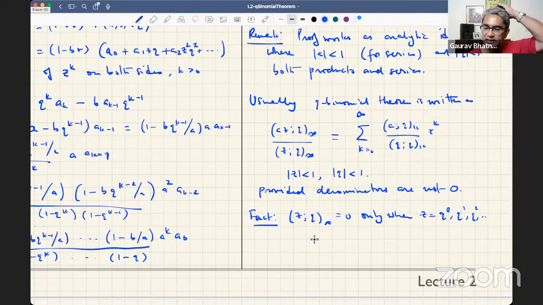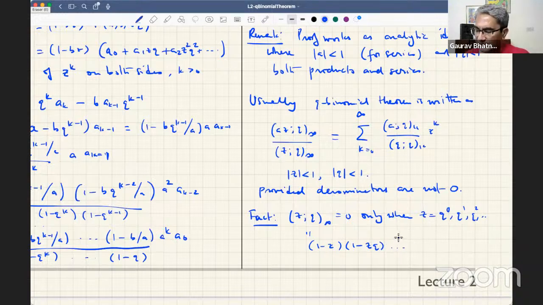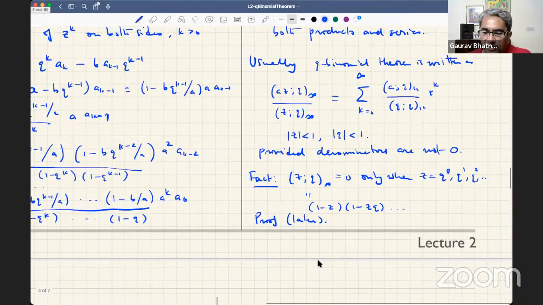Z Q infinity is 1 minus Z, 1 minus ZQ, and so on. Whenever any of these terms is 0, it's 0, of course, but we'll prove that it's only at these points. It requires some proof, so we'll prove this later as part of our course.